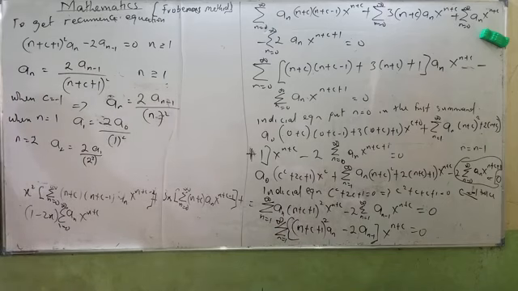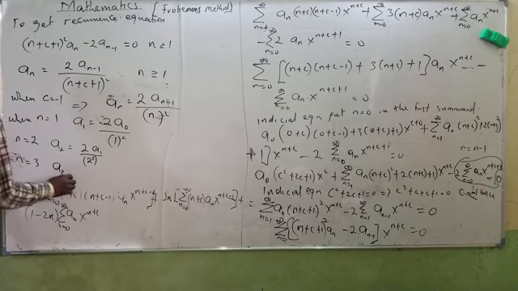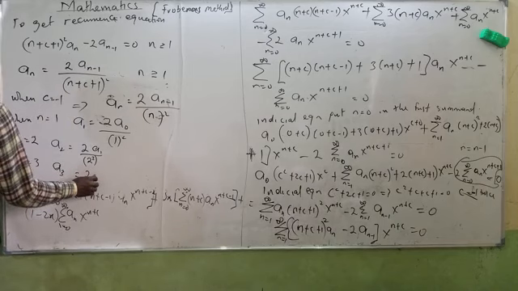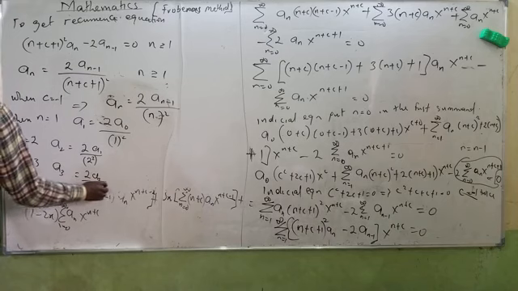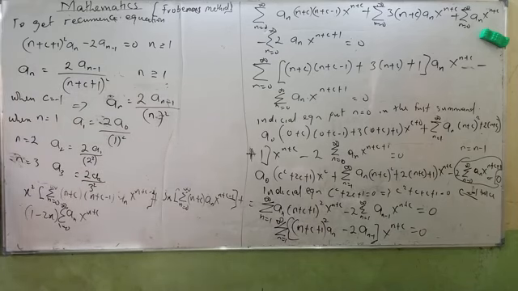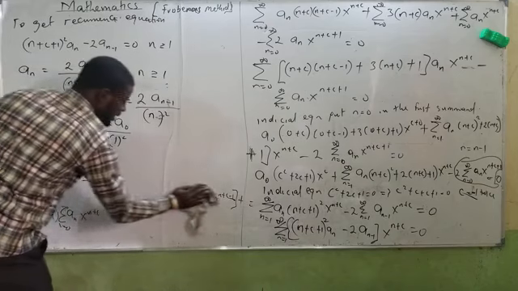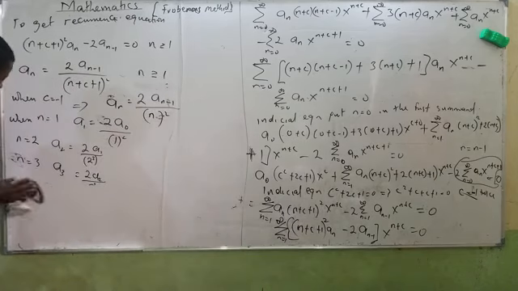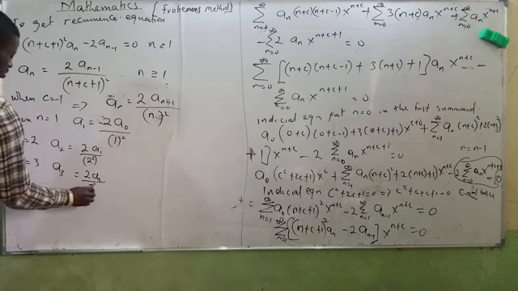When n equals 3, my a3 will be equal to 2a2 divided by 3 squared. That is how it will keep moving.